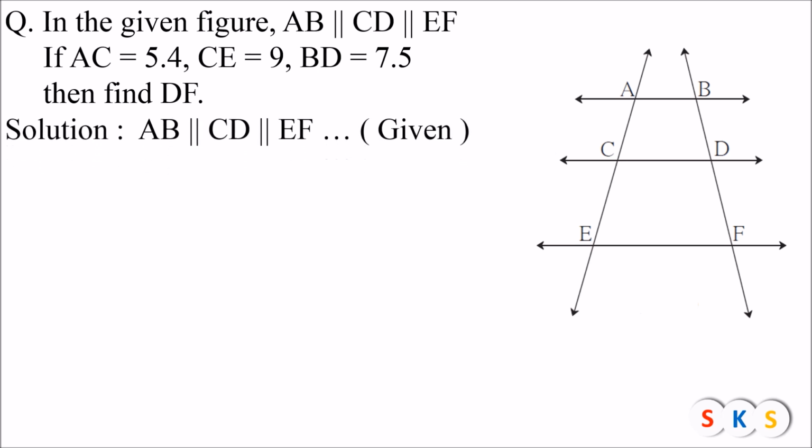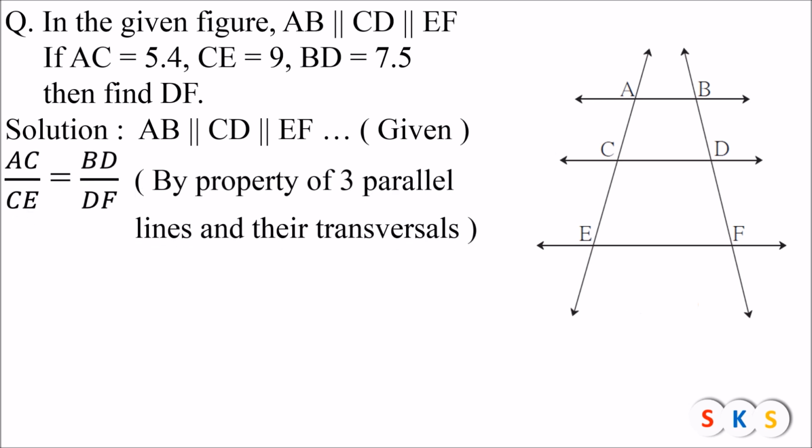So we will apply the property of 3 parallels and their transversals. AB, CD and EF are parallel; we know this because it's a given. The property says the ratio of intercepts formed on one transversal is equal to the ratio of intercepts formed on the other transversal. So we get AC upon CE equals BD upon DF.